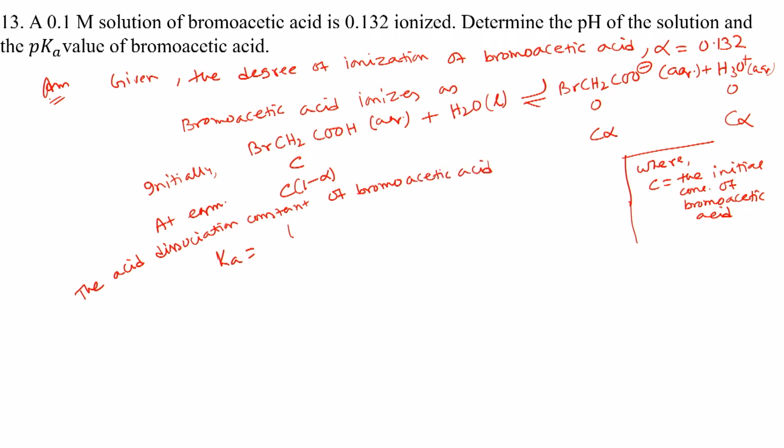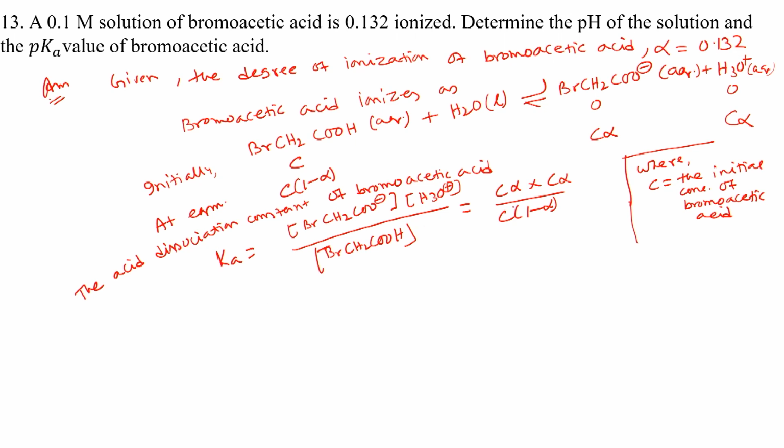Ka is the concentration of BrCH2COO minus times the concentration of H3O plus divided by the concentration of BrCH2COOH, which is C times 1 minus alpha. So the numerator will be C alpha times C alpha by C times 1 minus alpha. So C gets cancelled, and we get Ka is C alpha square by 1 minus alpha.